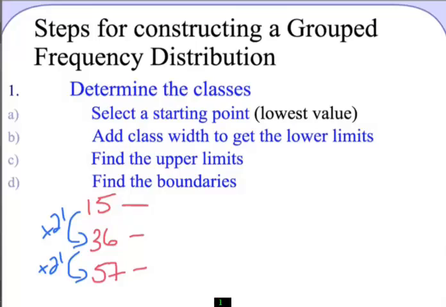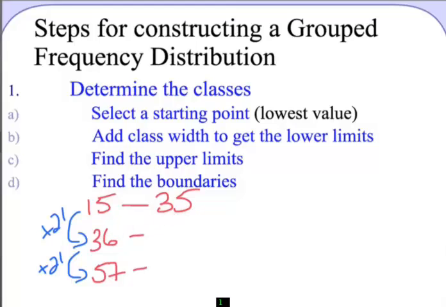Once I have the lower limits, I want to find my upper limits. Now recall that our limits must be continuous. Therefore, if this one starts at 36, the previous one must have ended at 35. That means this one goes from 15 to 35, the next one starts at 36.